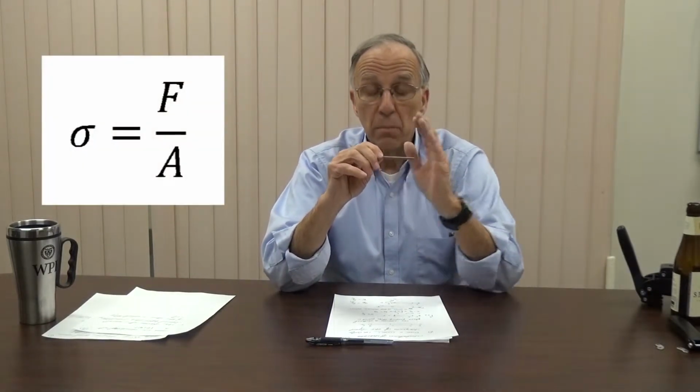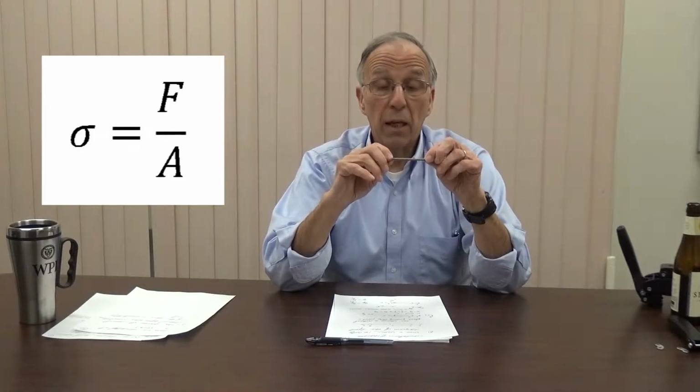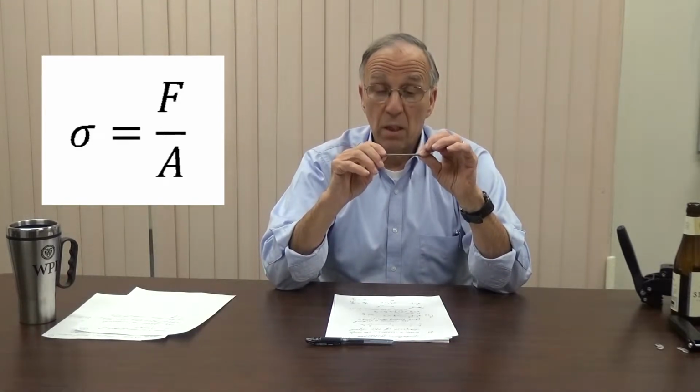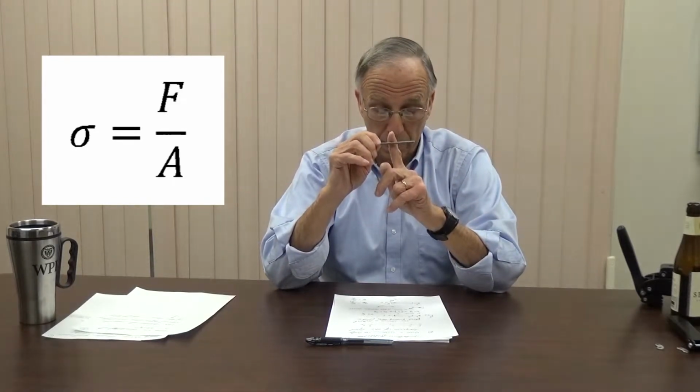Stress therefore on a plane perpendicular to the member, if I'm pulling on it, will be tensile and will be calculated as the force in the member divided by the cross-sectional area.